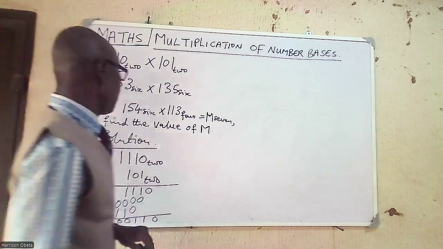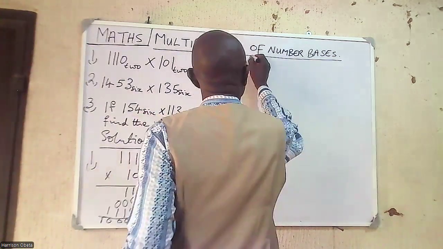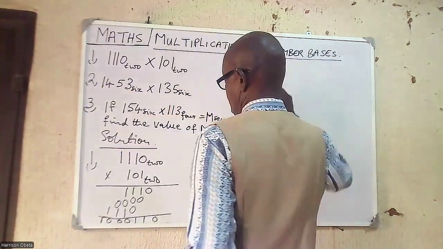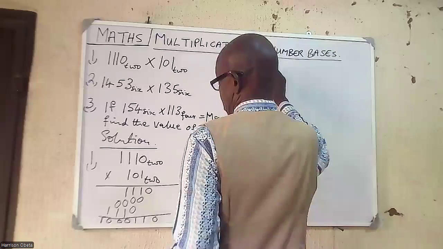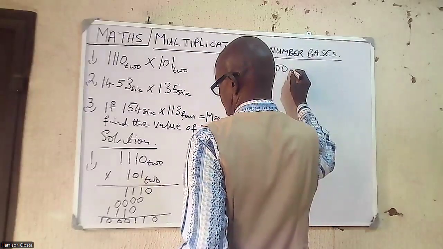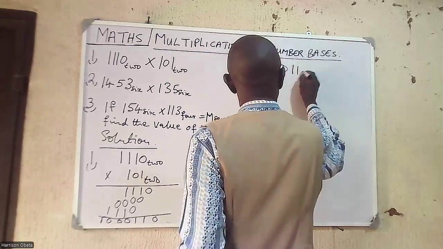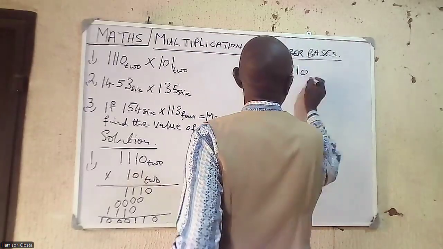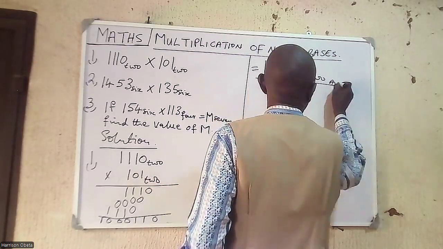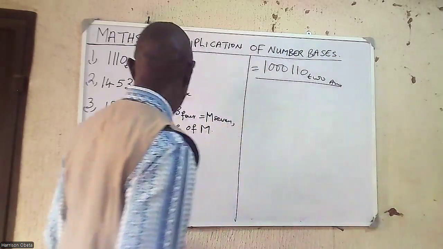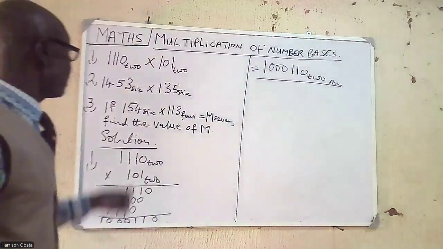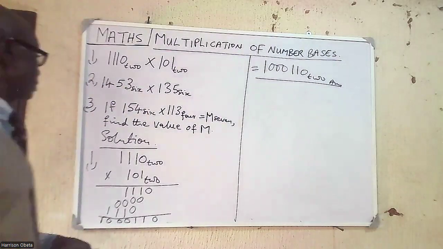So that means that our final answer is 1, 0, 0, 0, 1, 1, 0 base 2. So that is the solution to number 1.